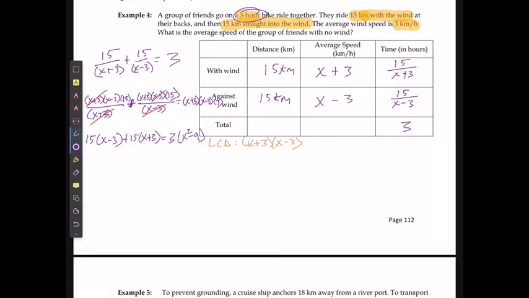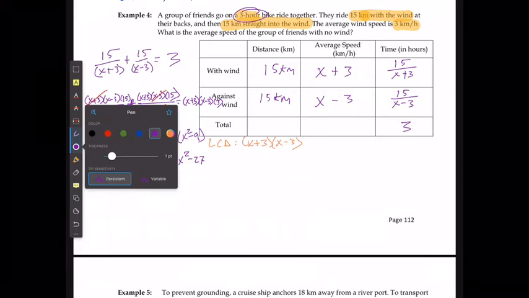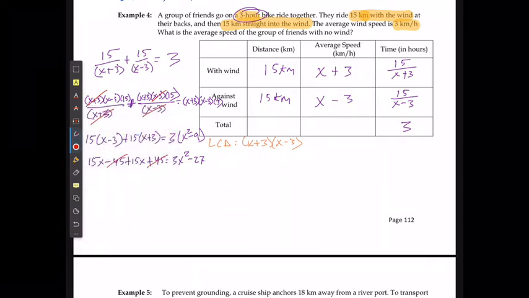Or, when I multiply it out further, 15x minus 45 plus 15x plus 45 is going to equal 3x squared minus 27. The negative 45 and positive 45 will cancel each other out.